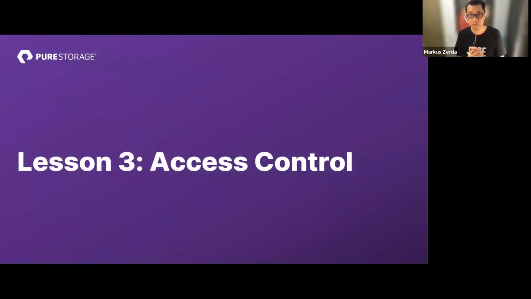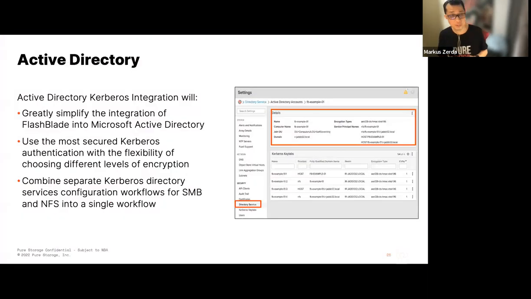Access control: we support Active Directory in the FlashBlade, so you can add in an Active Directory. You can use AD for SMB or for NFS 4.1 with Kerberos authentication, so this is available if you want to increase the security. If you want to use Kerberos 5i or 5p, you need to have AD as well.